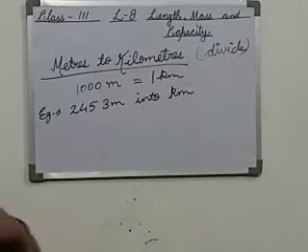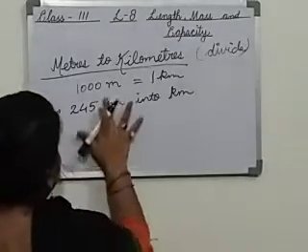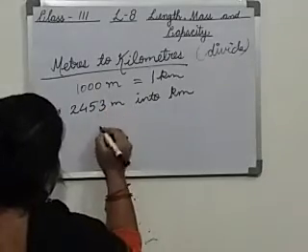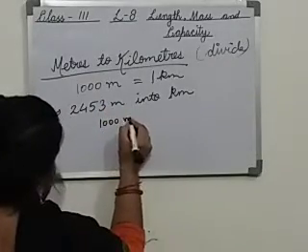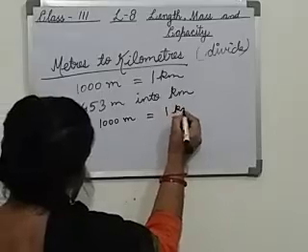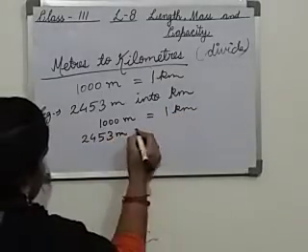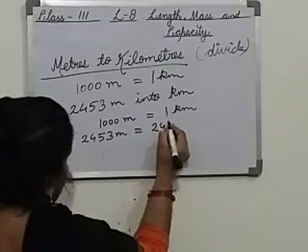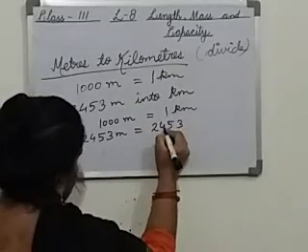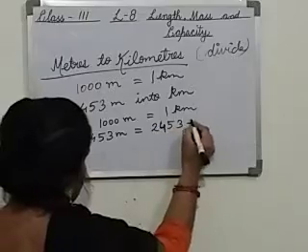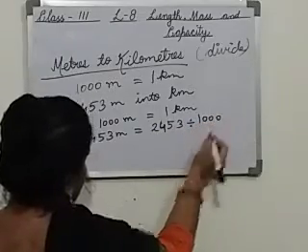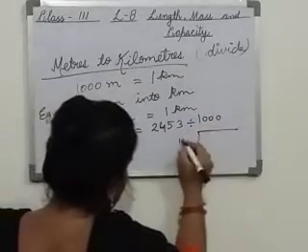So how we will get the answer? 1000 meter equals to 1 kilometer. 2453 meter equals to 2453 divided by 1000. Now we will show this division.